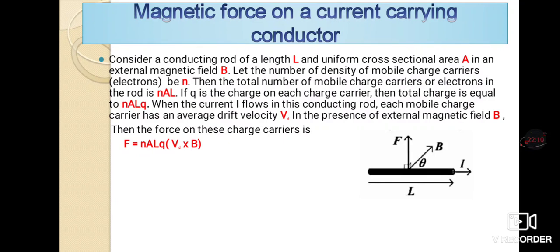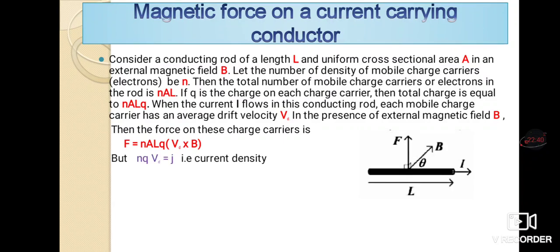Here we can't take the velocity of an individual electron; we take the average velocity of all the electrons, that is the drift velocity. Therefore it is Vd cross B. So F is equal to q of v cross B, and the same equation is replaced here: F is equal to nALq Vd cross B.